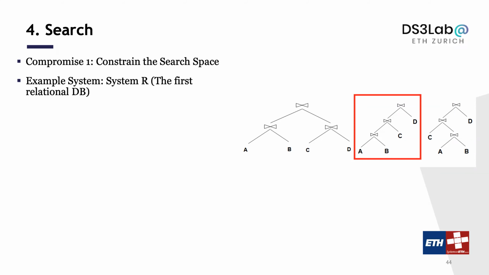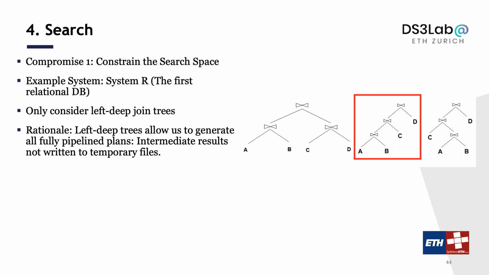Their view is, instead of considering all the possible join orders, let me only consider the left deep join tree, which is actually in the middle. I always join two relations, and then I join that with another relation, and join that with another relation. So you always grow the join tree by making the left-hand side deeper and deeper. I only consider that.